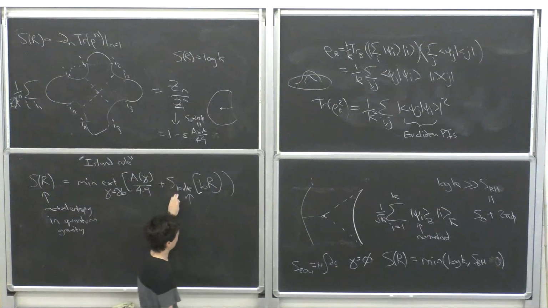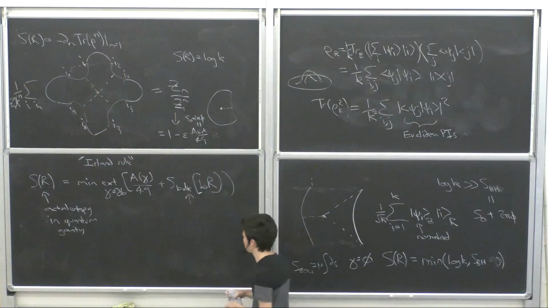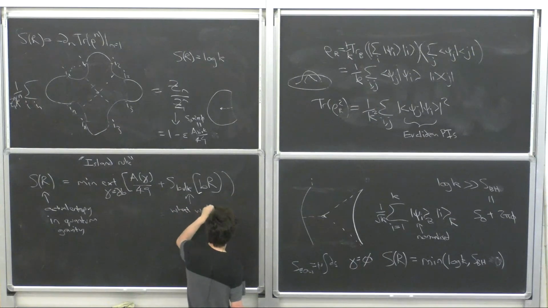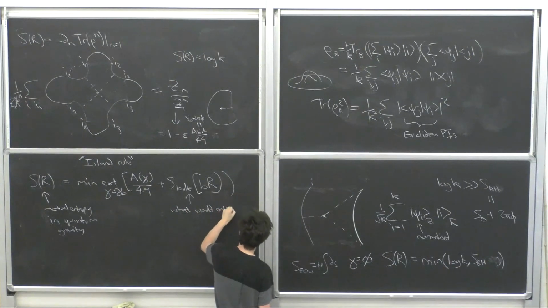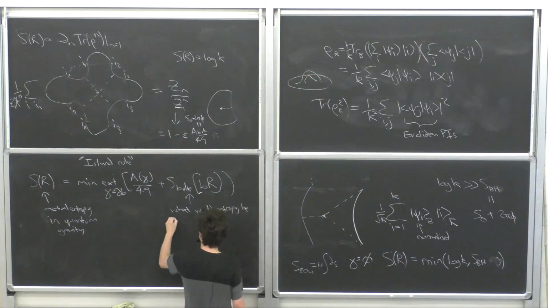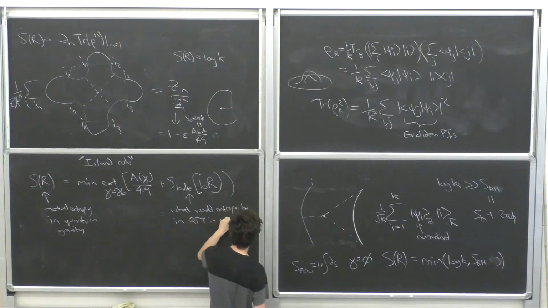This thing is just a mathematical convenience for doing calculation. It's not a real physical entropy. It's what would the entropy be if we were actually working in QFT and curved spacetime rather than in quantum gravity.